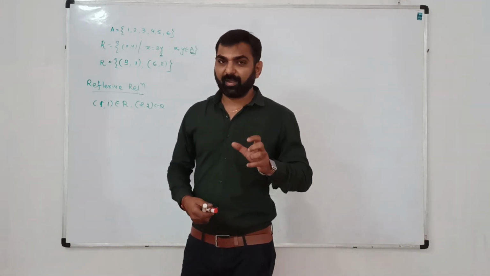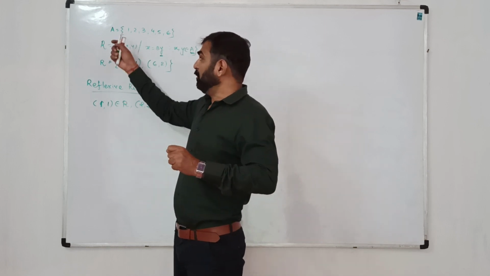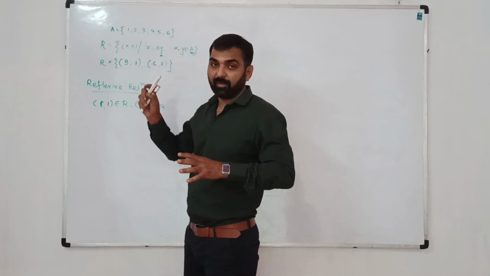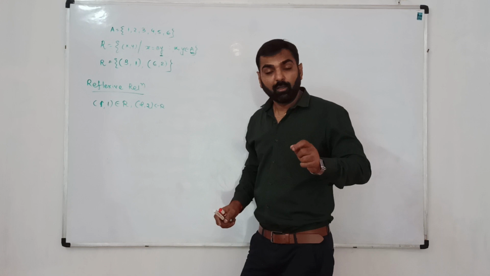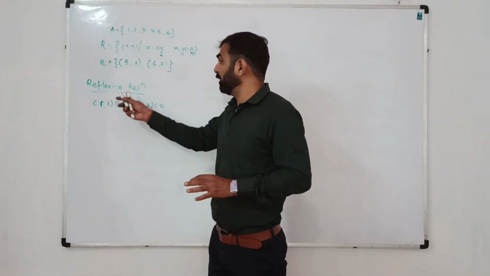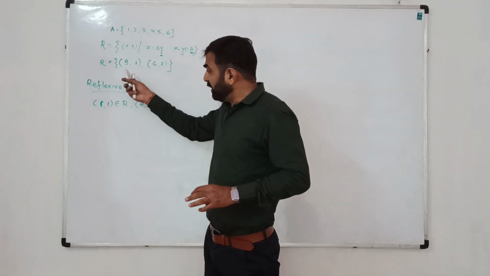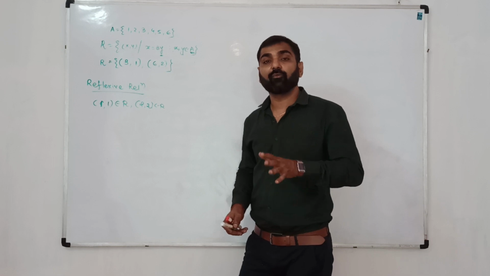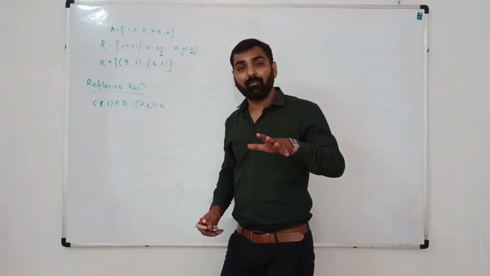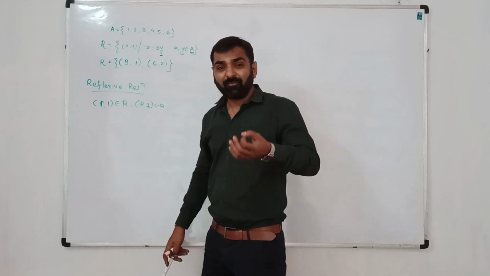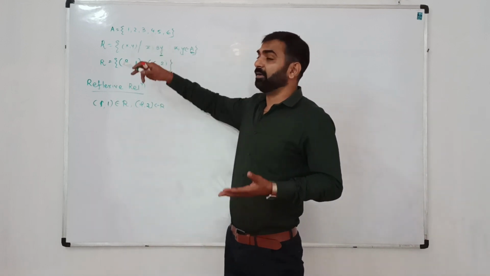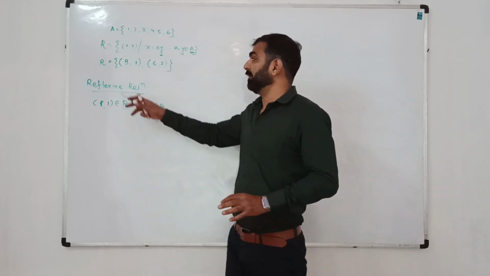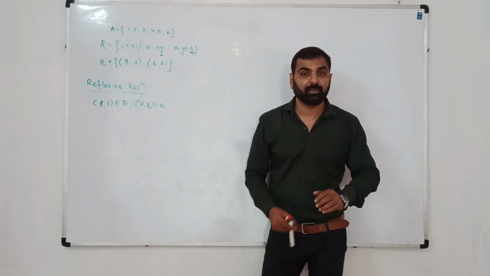Okay, so for the reflexive relation, first of all you have to check. First of all we concentrate on the set A. How many elements are there? 6 elements. So the first element 1, so (1, 1) must belong to relation R. In whatever order we have written, (1, 1), (2, 2), (3, 3), (4, 4), (5, 5), (6, 6), all 6 elements must be present in R. If any one of these 6 is missing, then relation R is not known as the reflexive relation.